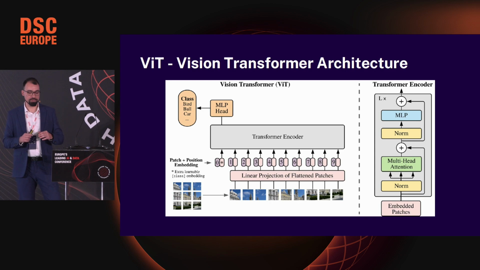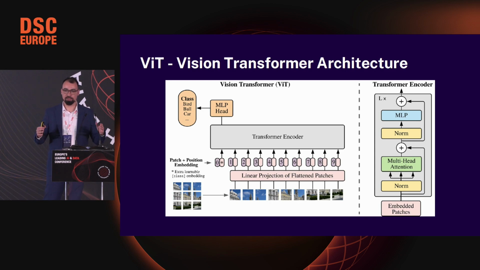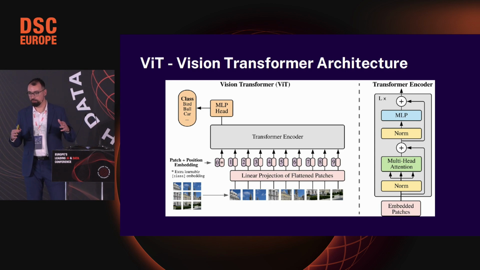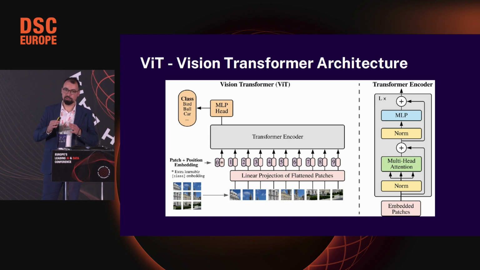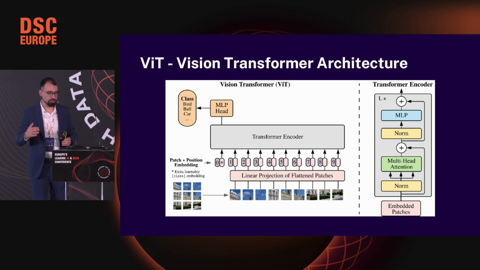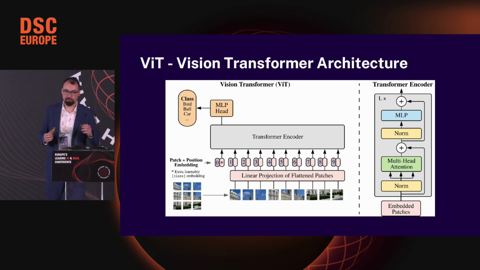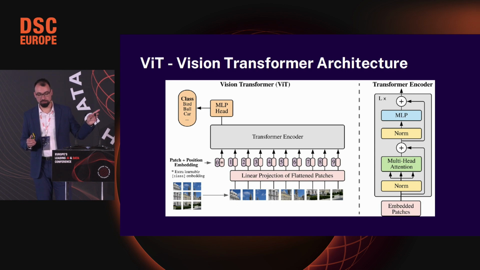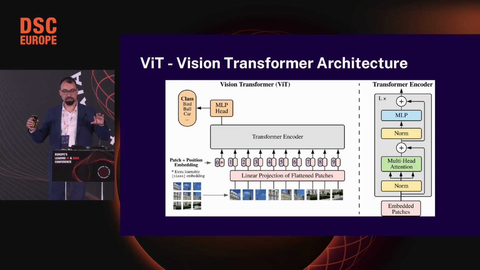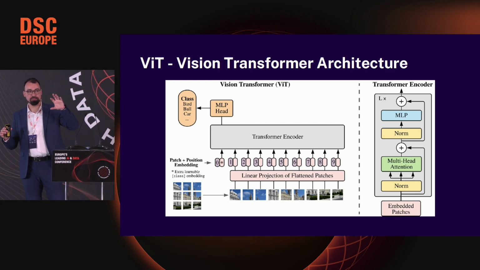Those patches are first flattened, because the transformer encoder works with vectors, not with matrices. You do a linear projection to transform that vector into an embedding, and then you add something called position embedding, and now you get the tokens that you can feed to the transformer encoder.